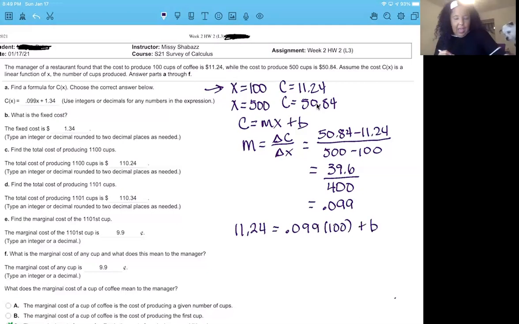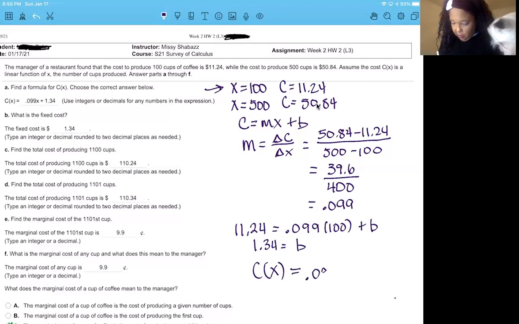All right, so I have 11.24 minus 9.9 is 1.34. So my cost function is 0.099x plus 1.34.